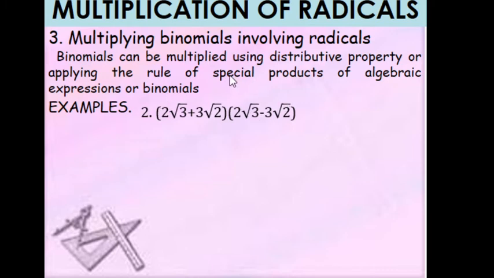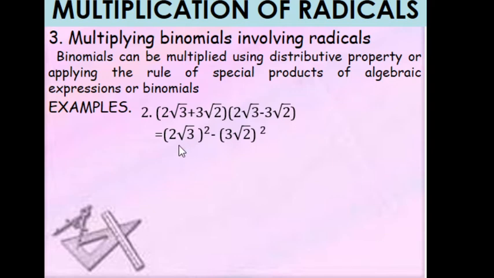So, dito natin i-apply ang isa sa mga special products, which is sum and difference of two binomials. So, papaano nga ba natin ito isosolve? Ang gagawin natin is to square the first term and the second term. So, ito yung first term, ito naman yung second term. Kailangan lang daw natin siyang i-square.